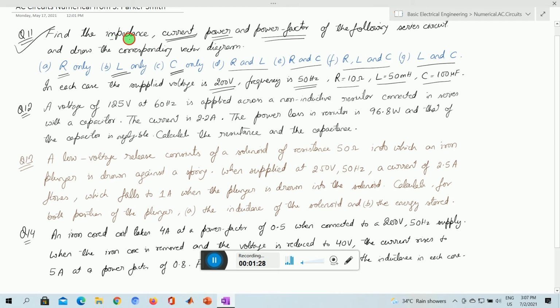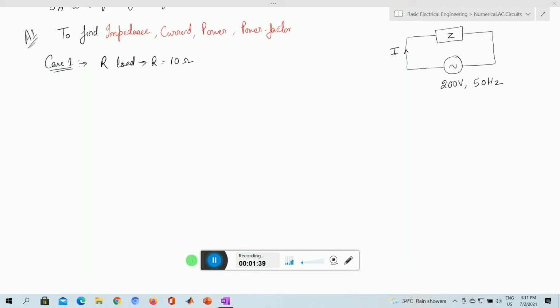These 4 quantities we will find out, and also we will draw the phasor diagram of all the different cases.